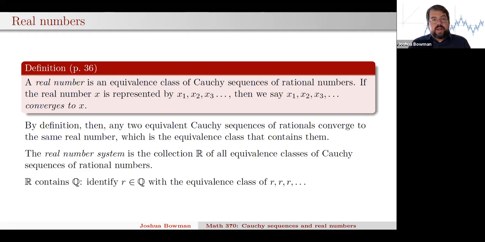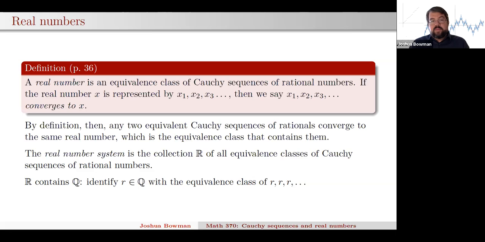And now finally, we're ready to make our definition of what we will mean by a real number. So a real number is an equivalence class of Cauchy sequences of rational numbers. So we've taken our idea of approximating by rational numbers and now turned that into our definition for what a real number should be.